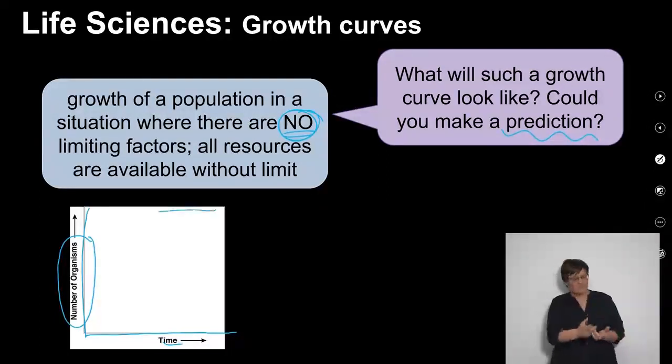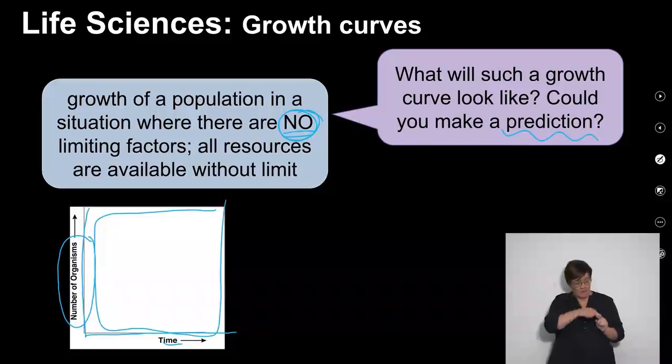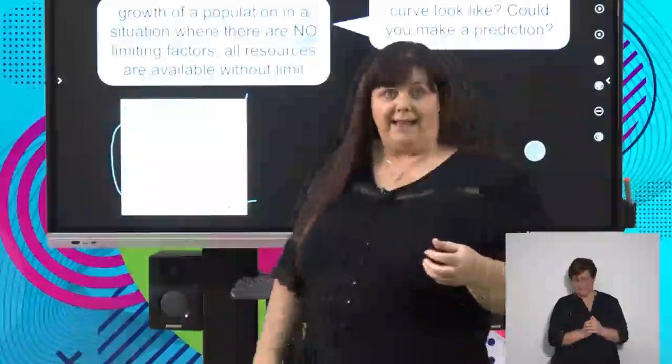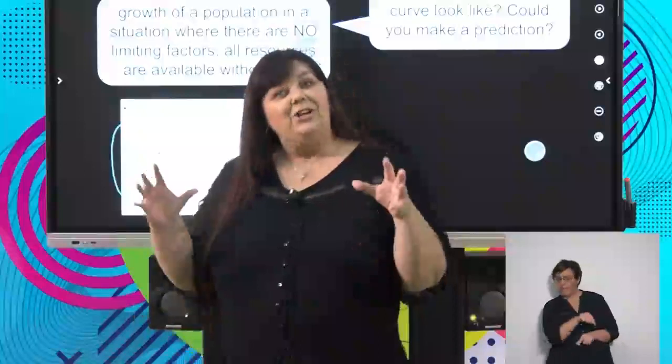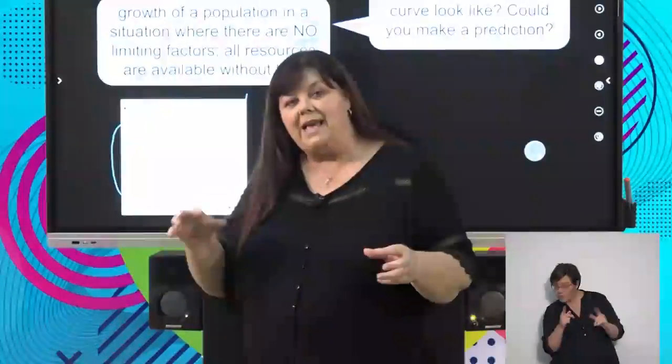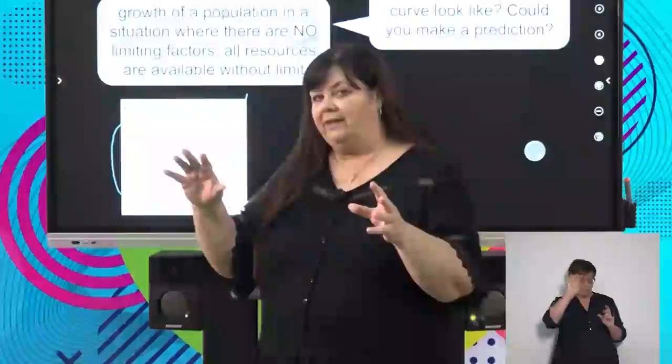Draw me in this space a picture of what you see happening to your line graph if we have no limiting factors. All right? 2 seconds. You've drawn your axes and you've drawn your picture.